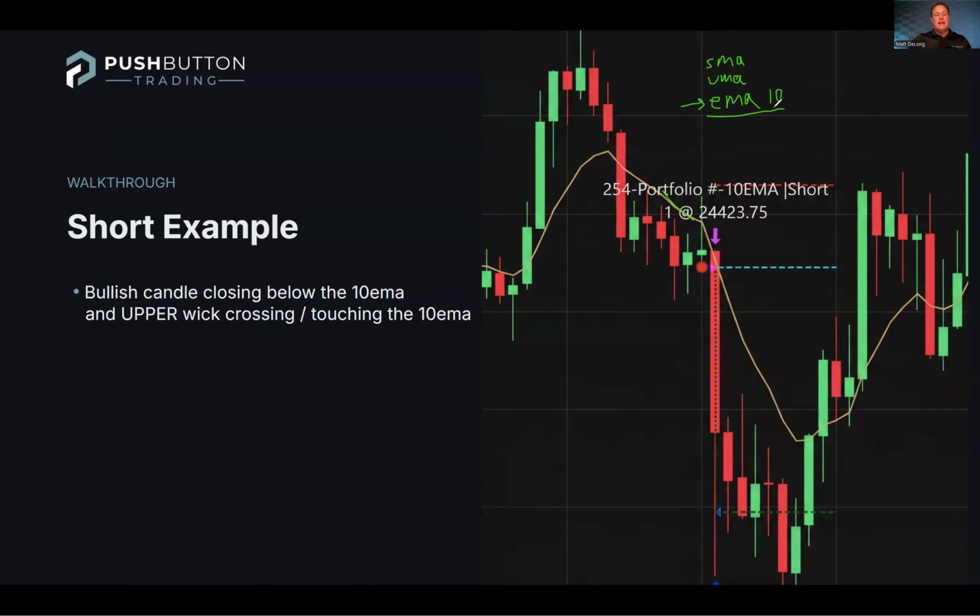The difference is it's more weighted towards the most recent candles. A simple moving average is a flat average, and an EMA gives more weight towards recent candles. That's the difference. So here we have this candle, which obviously does not interact.